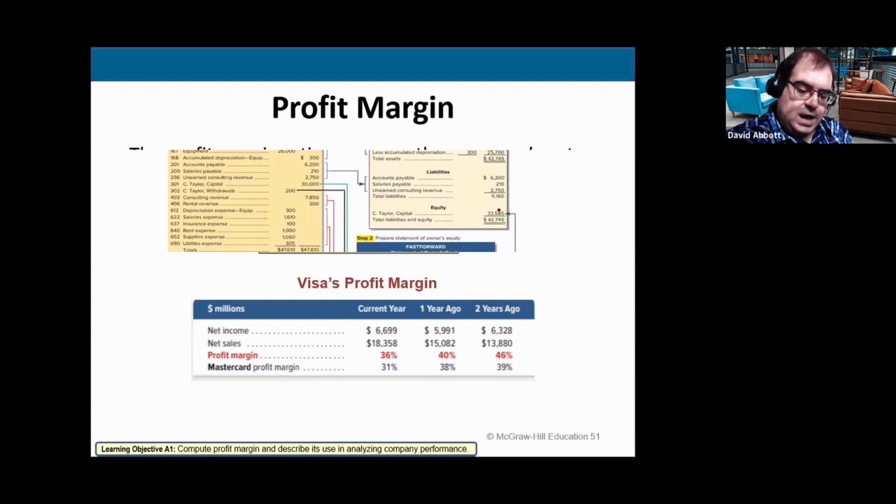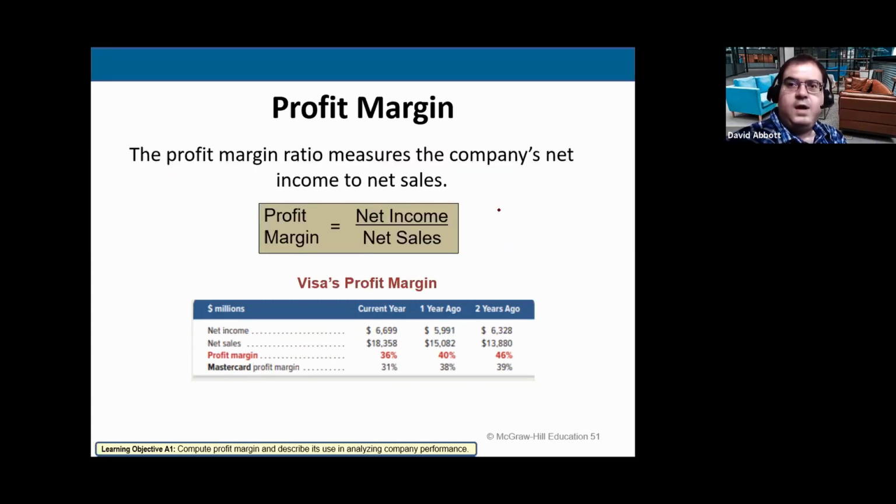And of course, they're going to talk about Visa and MasterCard. And we know, obviously, a credit card company is going to have a pretty good, healthy profit margin. Usually in businesses, I would say if you have 20%, that's pretty good. There are some businesses, for example a grocery store, whose profit margin is definitely not going to be as high.